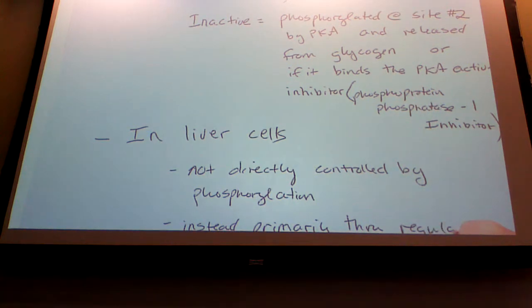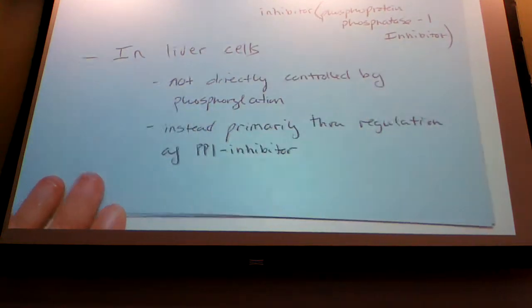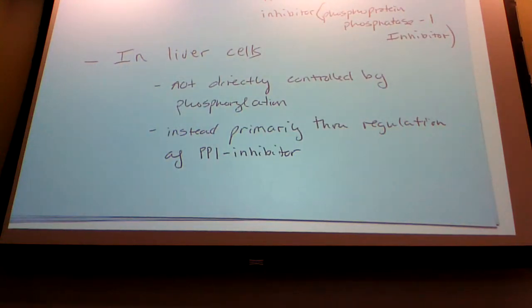So this is PP1. And that leads us to kind of the overall system for liver control.